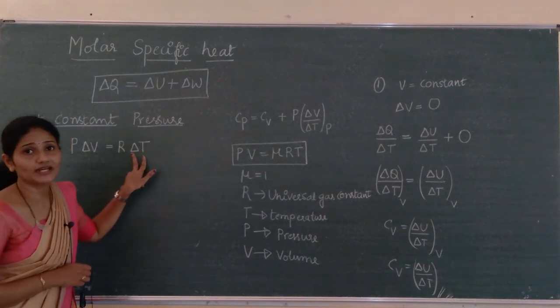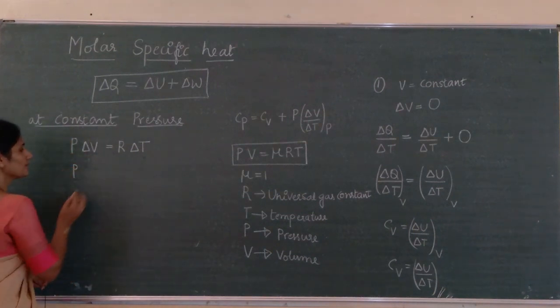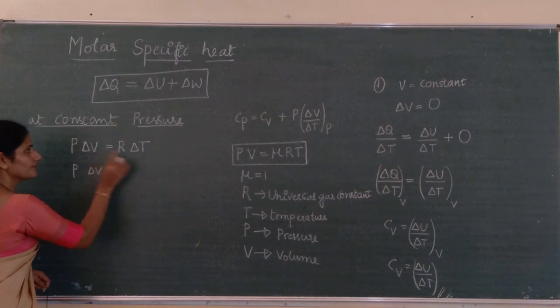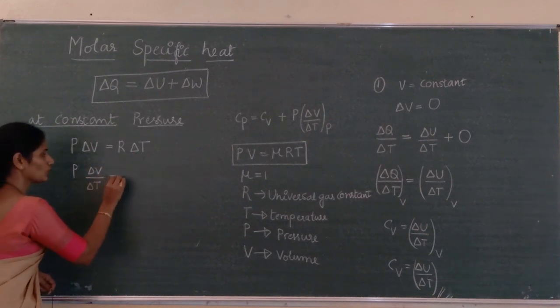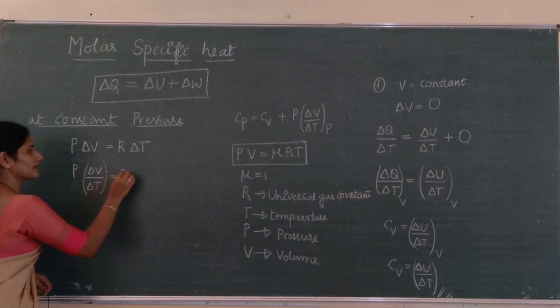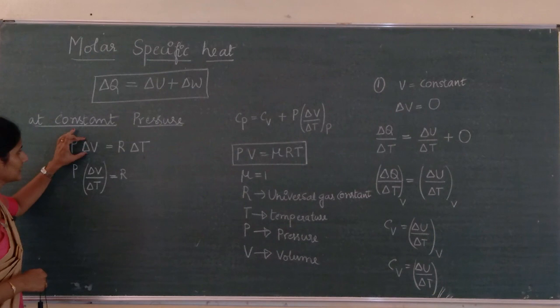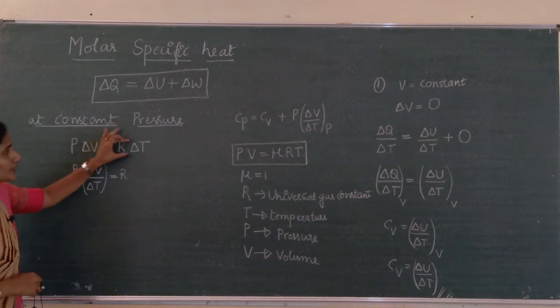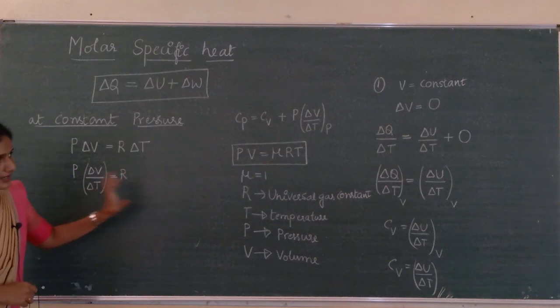So, it is indicated by delta T. P into delta V is equal to R into delta T. P into delta V by delta T is equal to R.